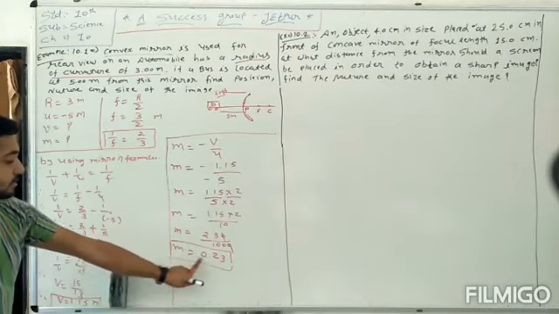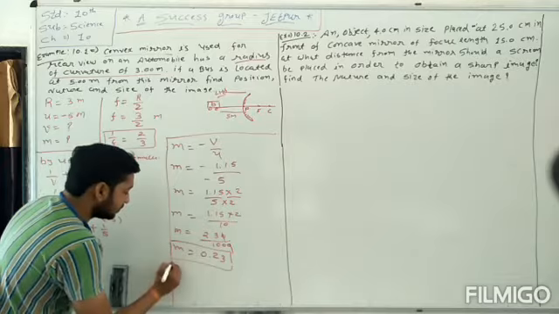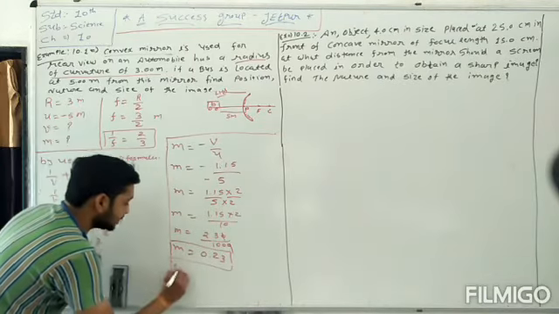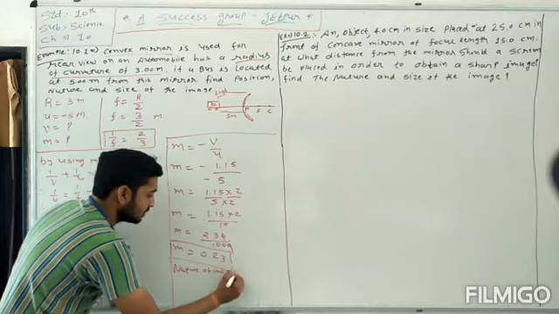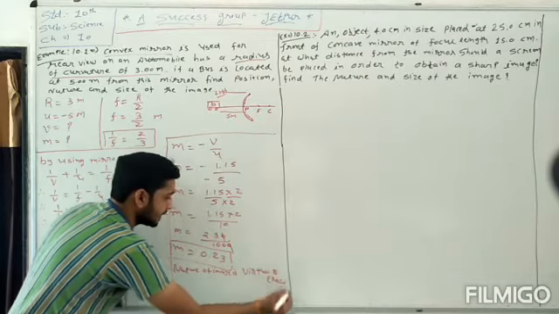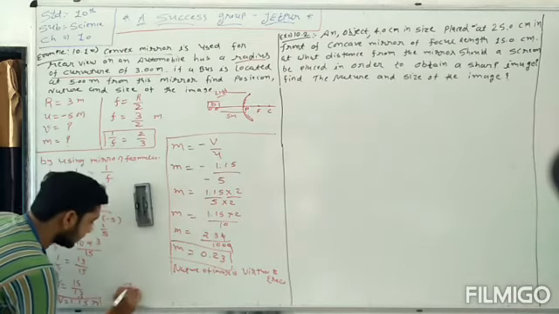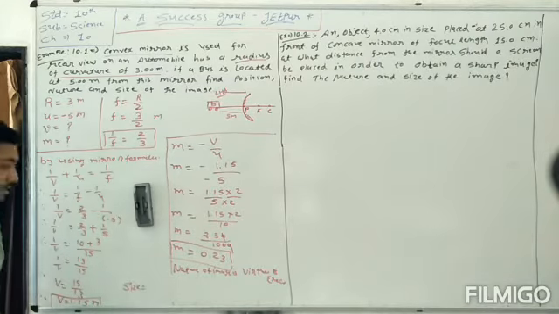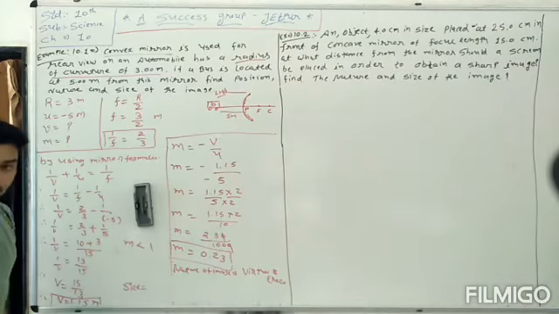Now the magnification value is positive. So with positive magnification, the nature of the image is virtual and direct. And the size of the image: magnification is less than 1.